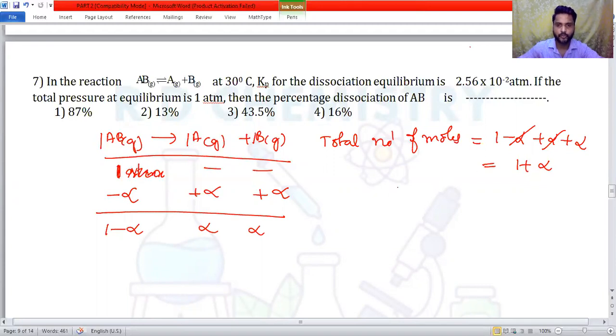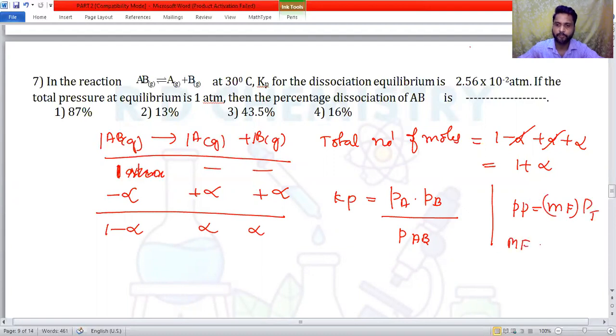Okay, so we'll start with the Kp expression. Kp is equal to partial pressure of A into partial pressure of B divided by partial pressure of the AB reactant. How to calculate partial pressure? Partial pressure is equal to mole fraction into the total pressure. How to calculate mole fraction of any component?